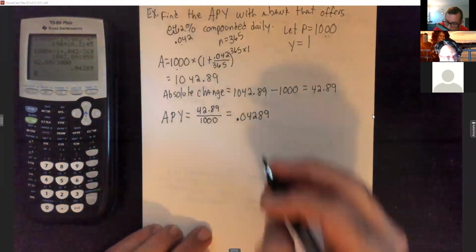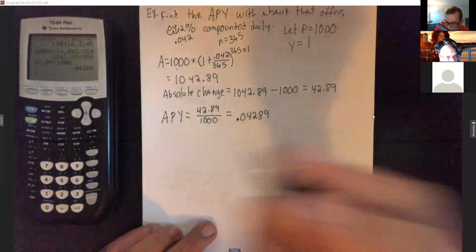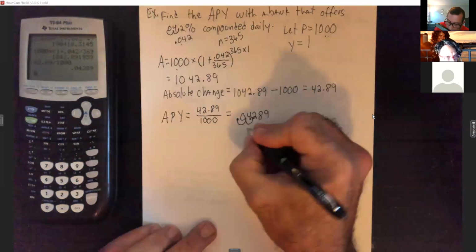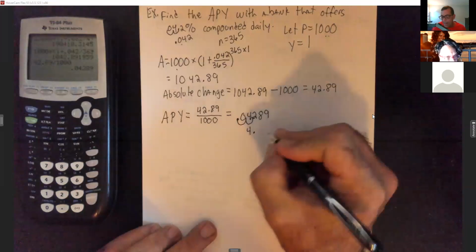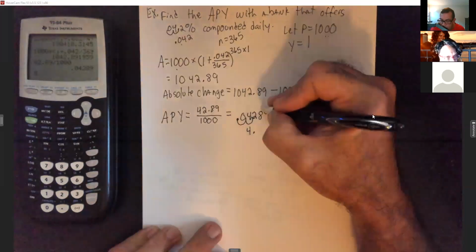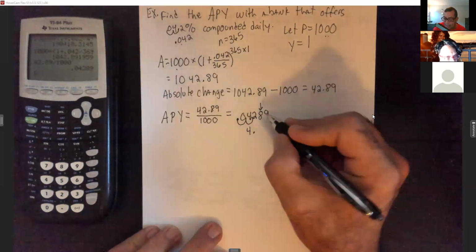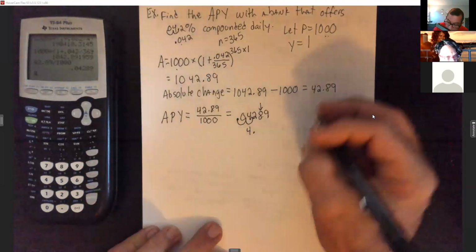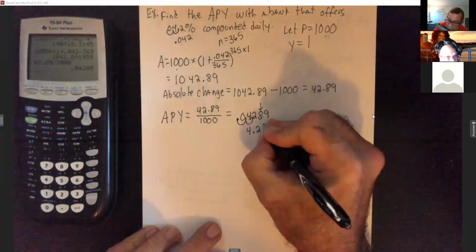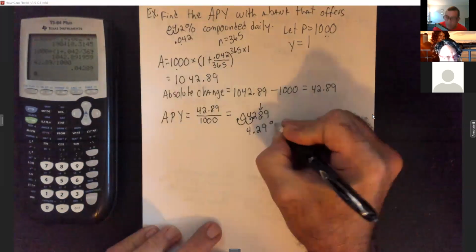So to go from decimal to percent, you move the decimal right 2 units. So that's going to give me a 4 point, and then 2 decimal places will be where the 8 is at. Since there's a 9 behind the 8, the 8 turns into a 9, so that I get 4.29, and then we add our percent.